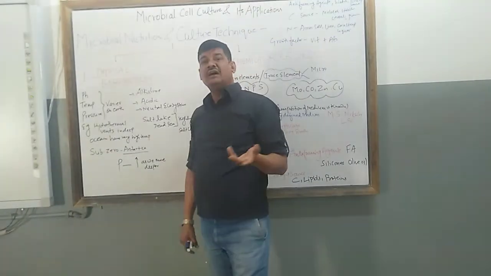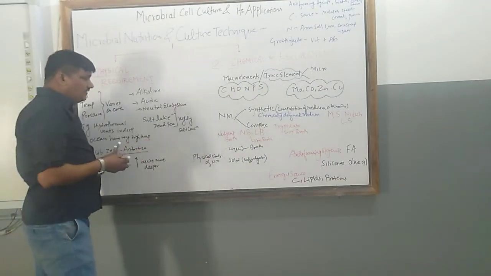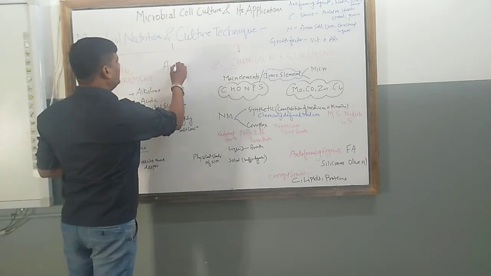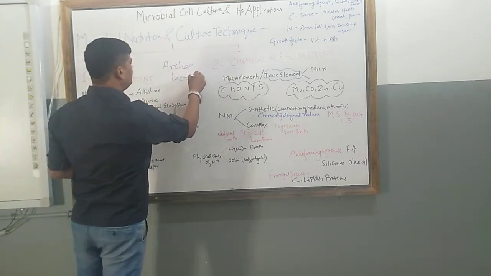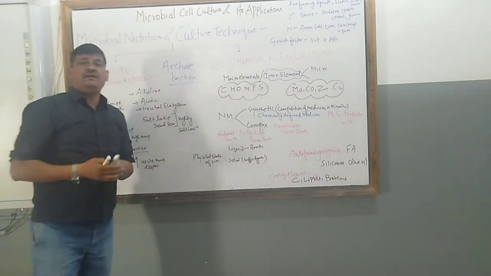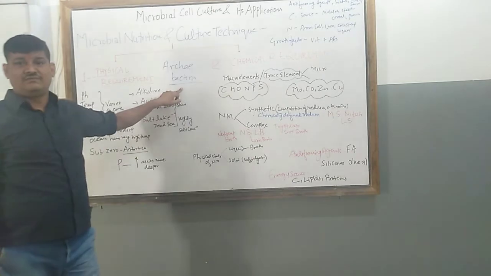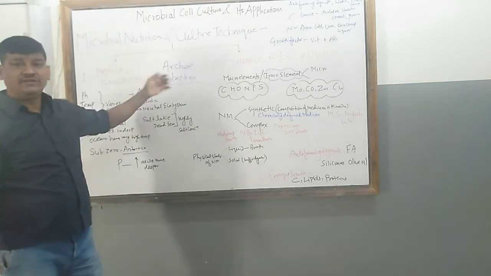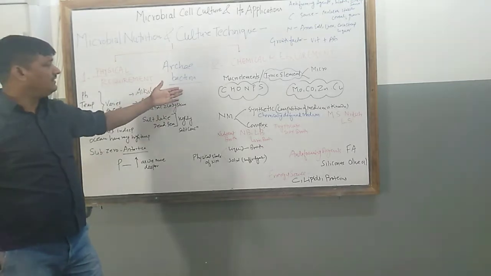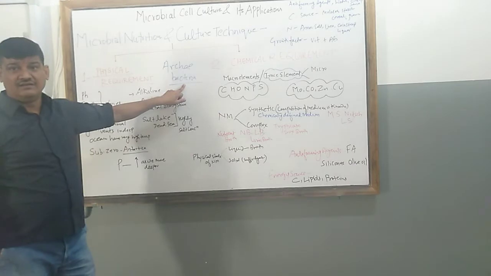You also know about the archaebacteria, and these archaebacteria are mostly found in harsh situations where life is not possible. They are found in the Dead Sea. You cannot imagine the pH of the Dead Sea, as it is highly salty.